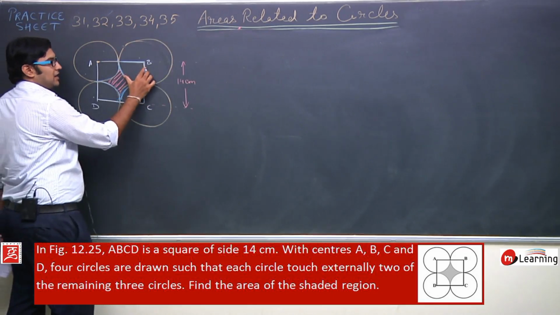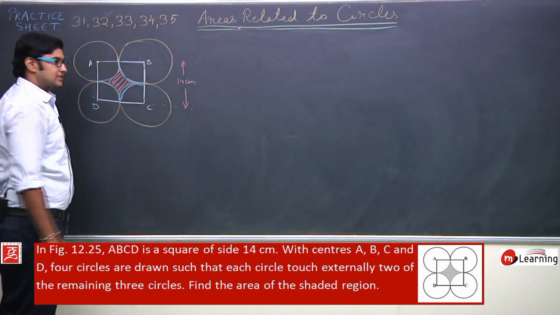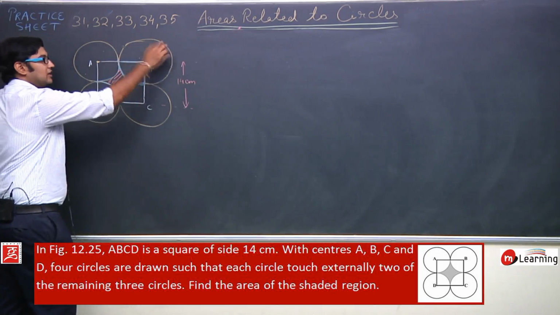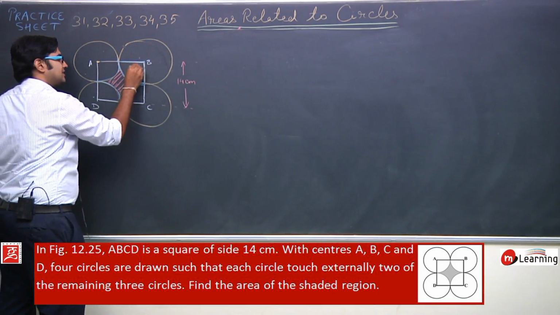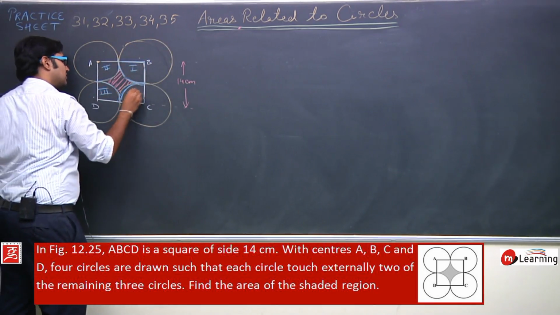If I see this part with respect to the circle, this part is basically a sector of this circle with center B. Let us say this is region 1, this is 2, this is 3, this is 4.